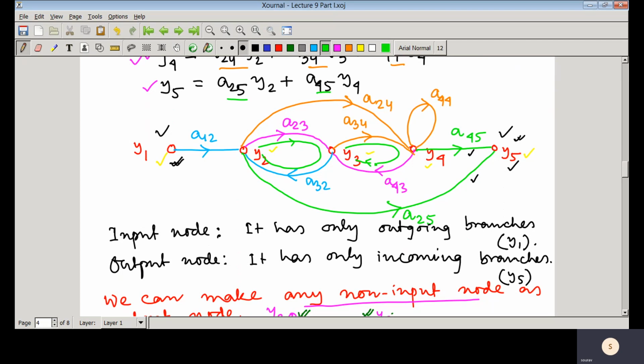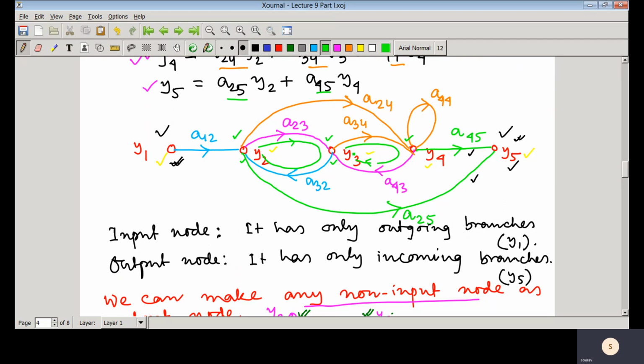Another path is y2, y2, y2, y3, y4, then again y3 and y2. In this case, you can see that this particular y3 node is used twice.